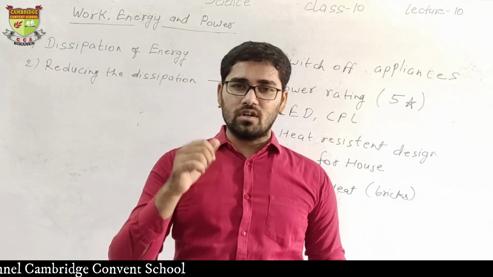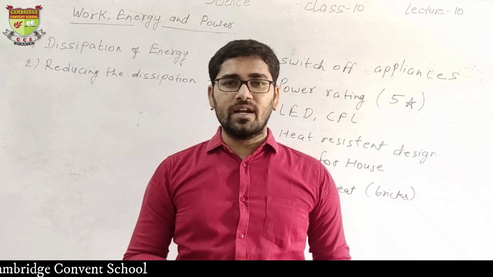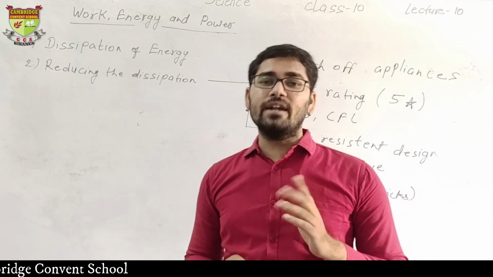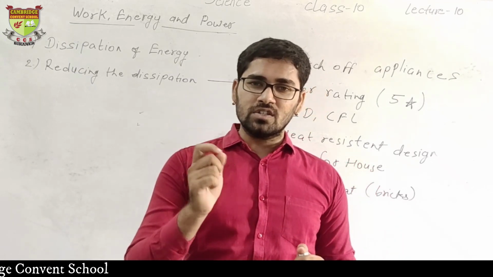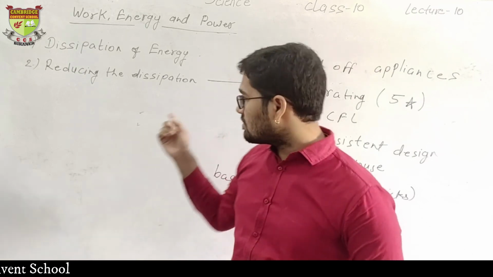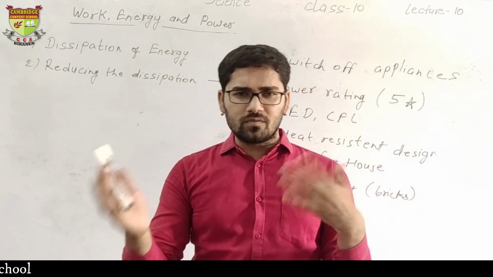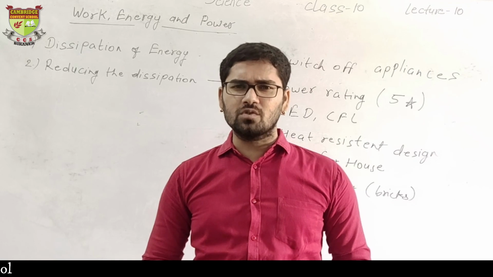You must not keep your vehicles in on mode when you are standing at the traffic light. When your vehicle is idle, its engine must be off so that energy dissipation is reduced, right? So these are some of the things which you can use to reduce the dissipation of energy.